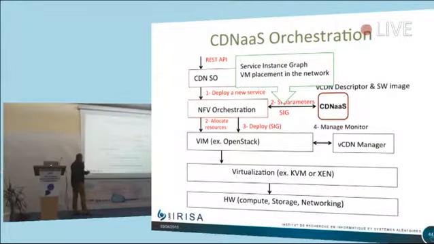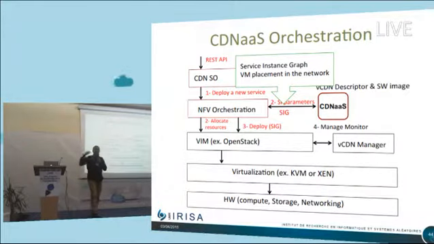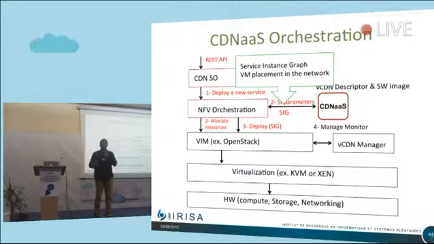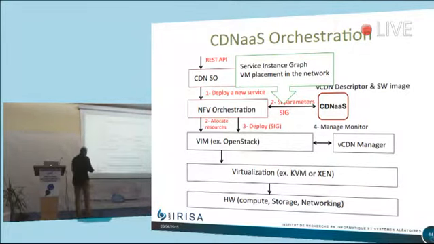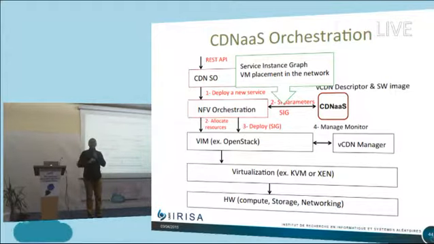So we have an optimization problem here, and after that we deploy the SIG, the graph I showed you before, in order to interconnect these VNFs, and give this information to the virtual infrastructure manager like OpenStack, which will translate all this information into VMs, into machines.